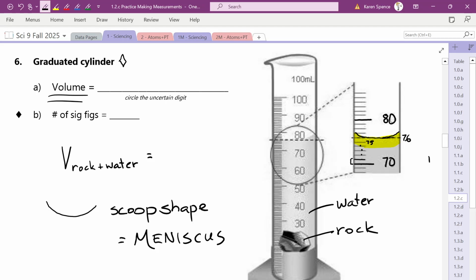Sometimes people learned this in grade 8. Sometimes they've learned it in home ec. I know the first time I learned it was in home ec when we were measuring things in measuring cups. Because you always measure at the bottom of the meniscus.